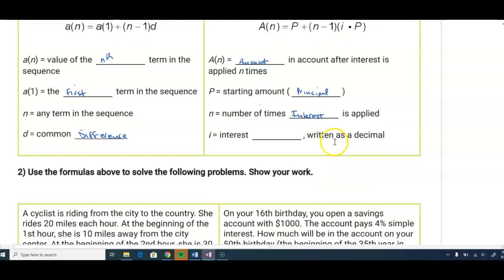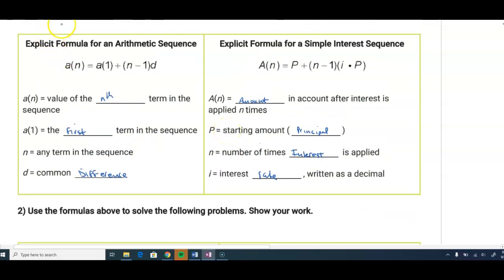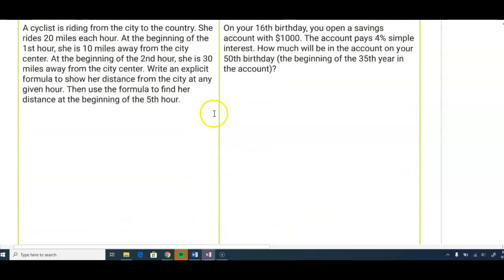And I is the interest rate written as a decimal. So when we look here, P is your starting amount, I is your interest rate, and N is basically your number of times interest is applied. Okay? And then A sub n is the amount after interest is applied.